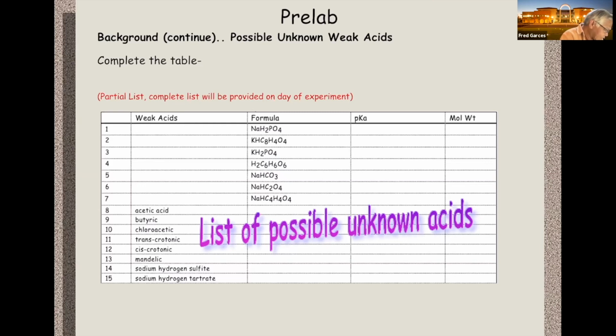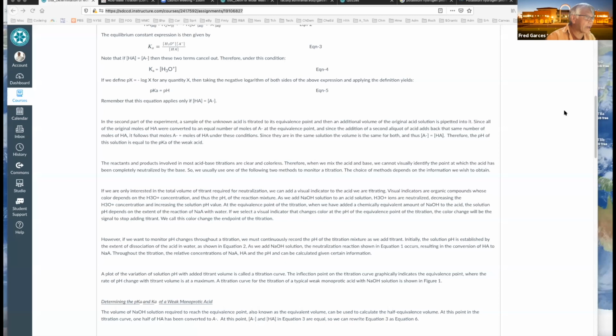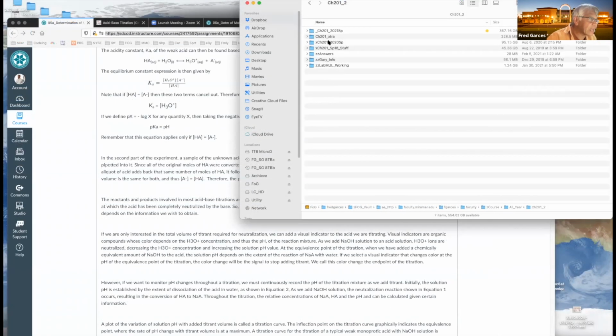If you take a look at this chemical right here, cis-crotonic acid, that's an organic acid. All you have to do is look up the Ka values of crotonic acid. Let me show you where that is. Let me switch. That'll be in your lab manual. Okay, that'll be in your lab manual. Go to my website and find it.